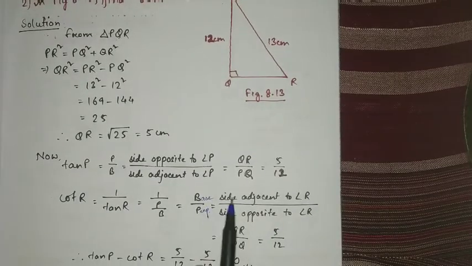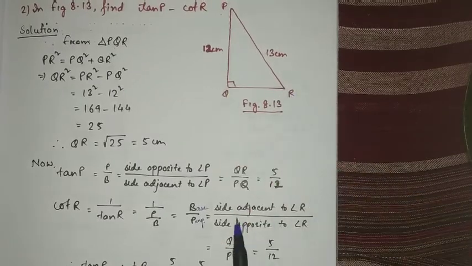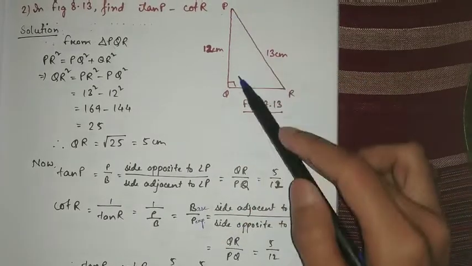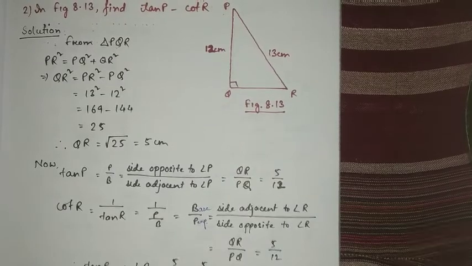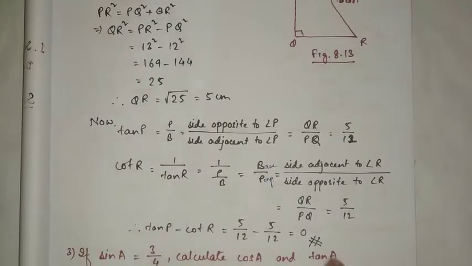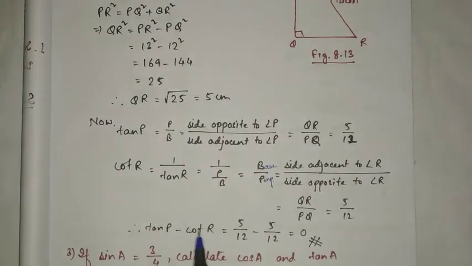So we find the side adjacent to angle R is QR, and the side opposite to angle R is PQ. So we get cot R as QR by PQ, which ultimately leads to 5 by 12. So we find the value of tan P minus cot R as 5 by 12 minus 5 by 12, which is 0.